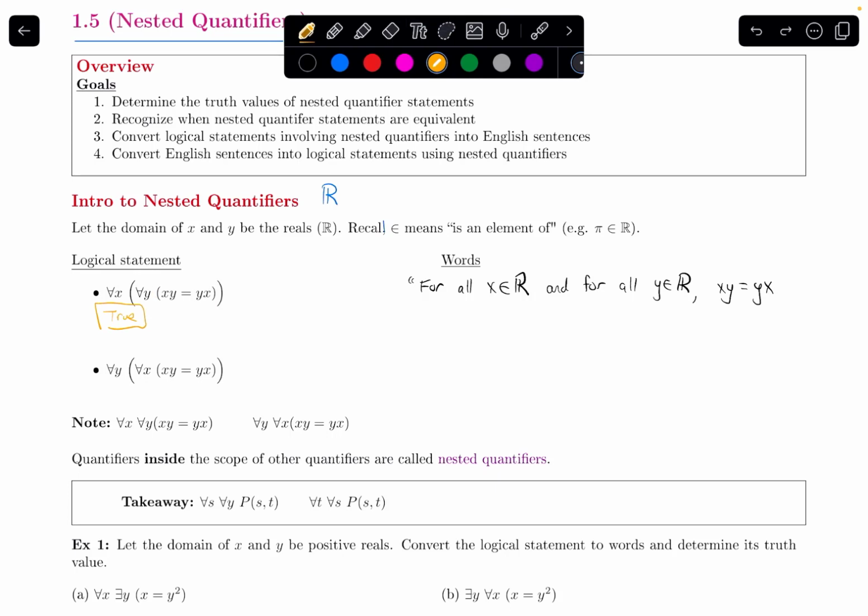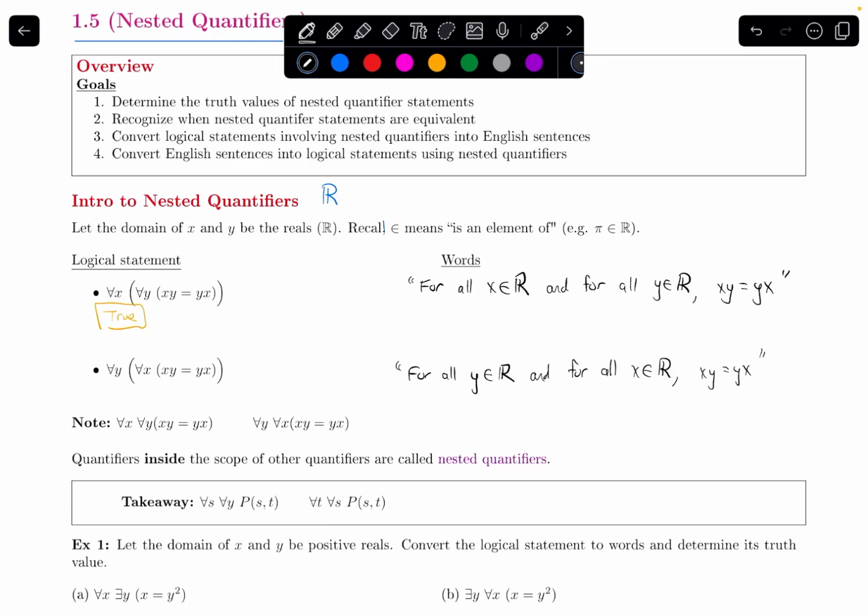Okay, what about if I switch the order of these quantifiers? So let me just close these quotes. This one is now saying for all y in the reals, and after that for all x in the reals, and then it's asserting the same equation, xy equals yx.